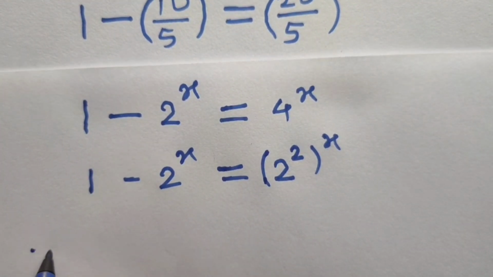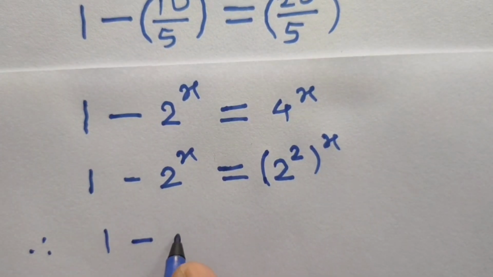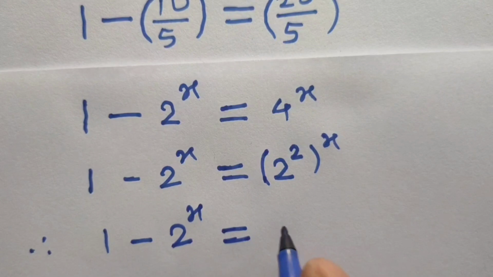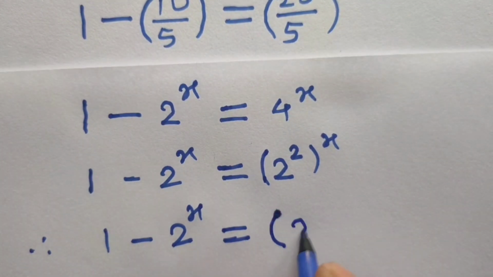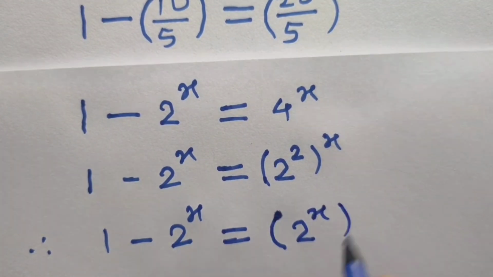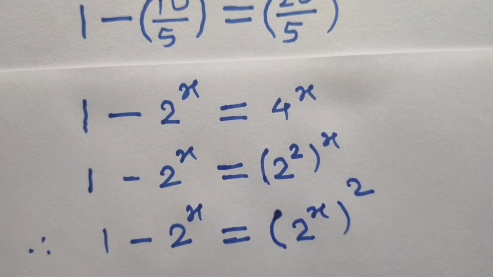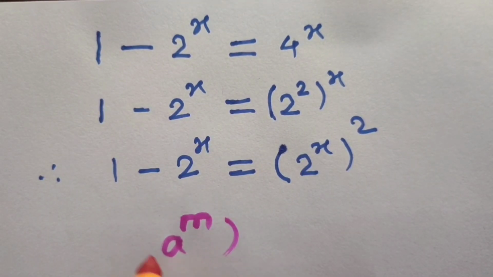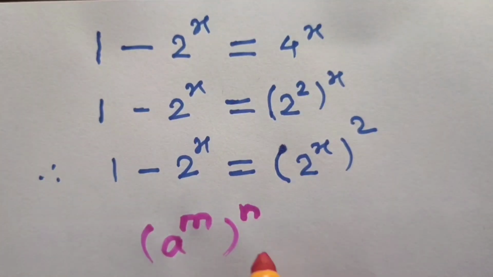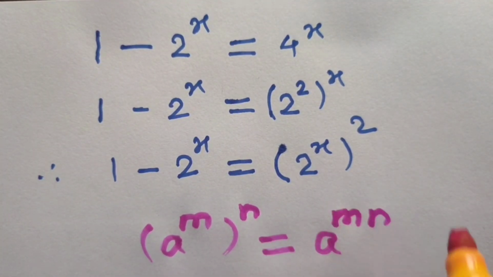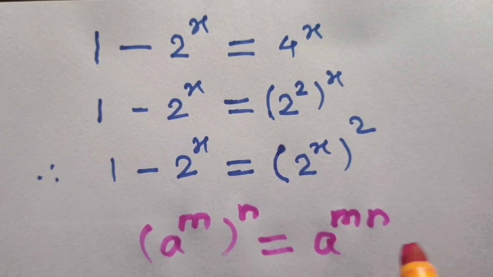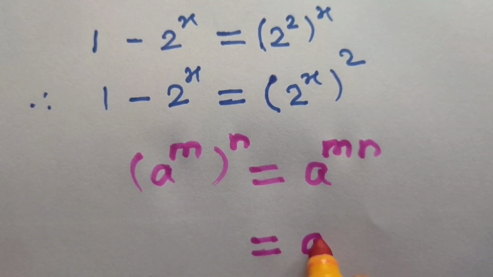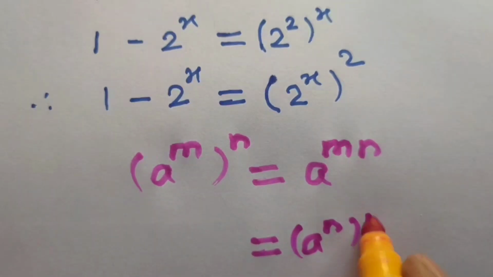Hence 1 minus 2 to the power x is equal to this can be written as 2 to the power x, its square. Since we know a to the power m, whole to the power n, can be written as either a to the power m into n, or is equal to a to the power n, whole to the power m.